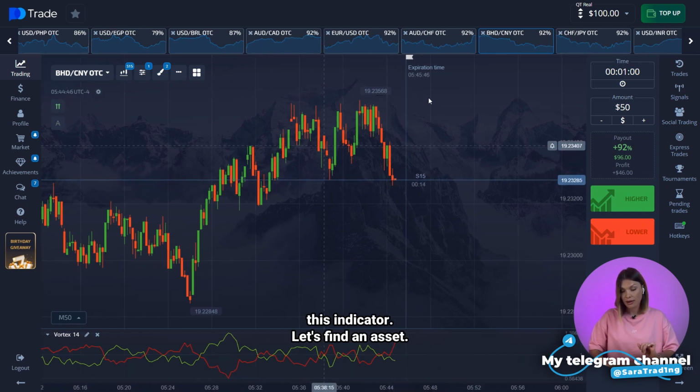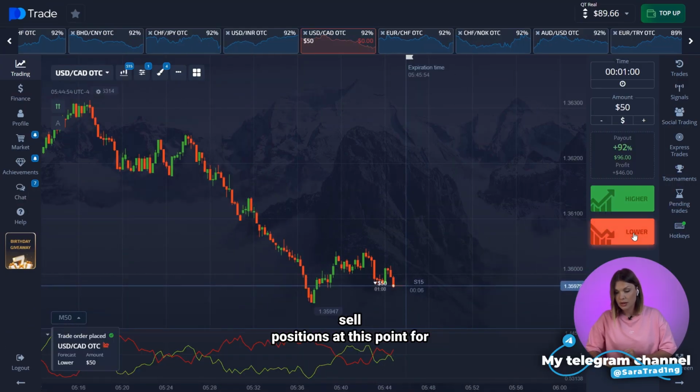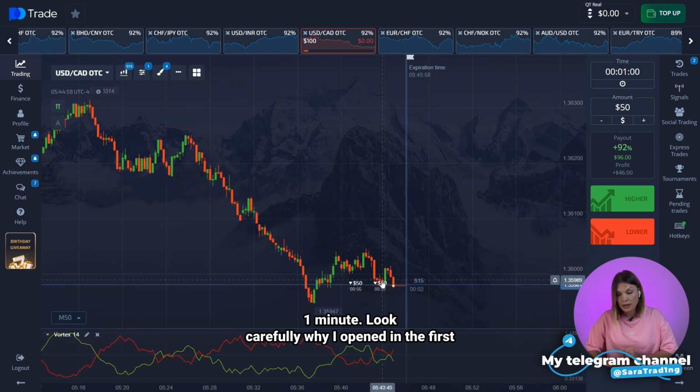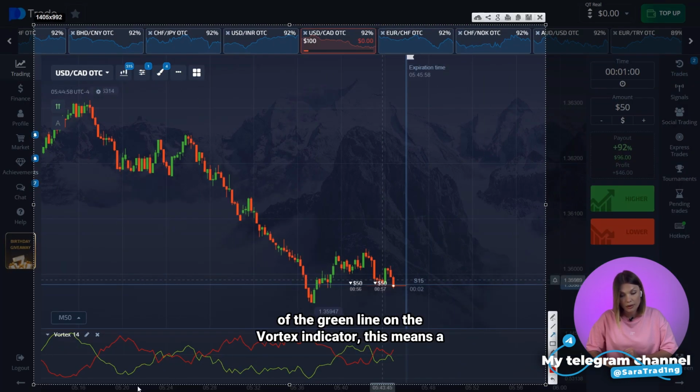Let's find an asset. Let's say we take this currency pair. I will open two sell positions at this point for 1 minute. Look carefully why I opened in the first place. When we have a red line on top of the green line on the Vortex indicator, this means a downward trend. That is, this can be observed very clearly on the graph.